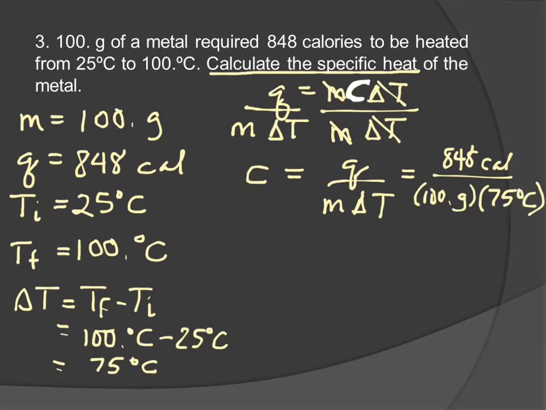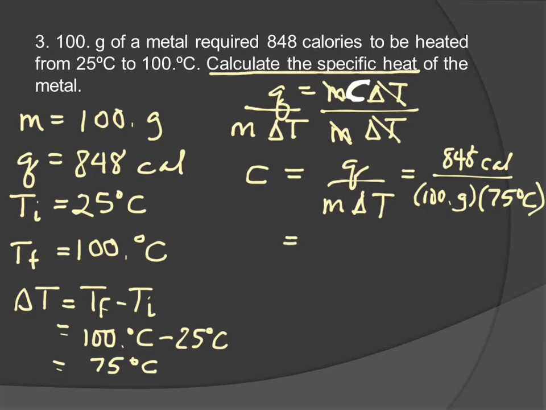And then let's look at our units. Do those units cancel out? No. Okay, so we just leave them alone. We'll see what happens with them. 848 divided by 100 divided by 75.